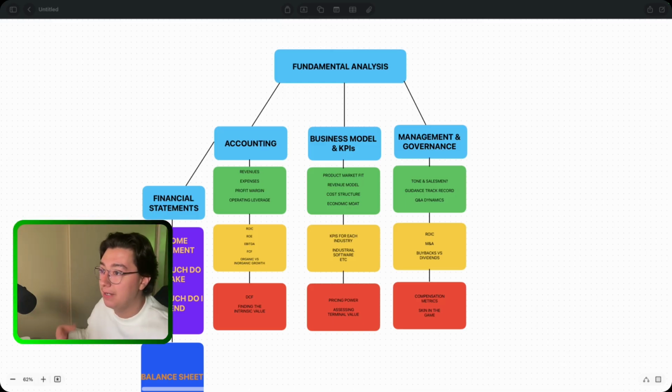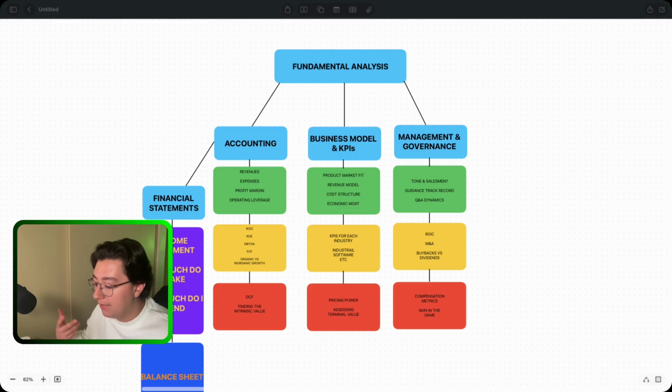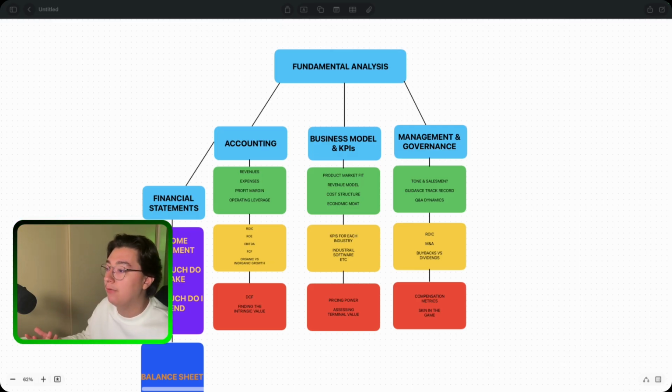Besides just how much do I make and how much do I spend, we're going to be looking at other stuff like competitive advantages. One that you might have heard of is pricing power, and this is usually when businesses can keep increasing the prices and people will still buy. Think of it like in the airports when people sell water, or usually like very closed events where there's only a couple of people selling. Well, those people are going to be able to charge a lot.